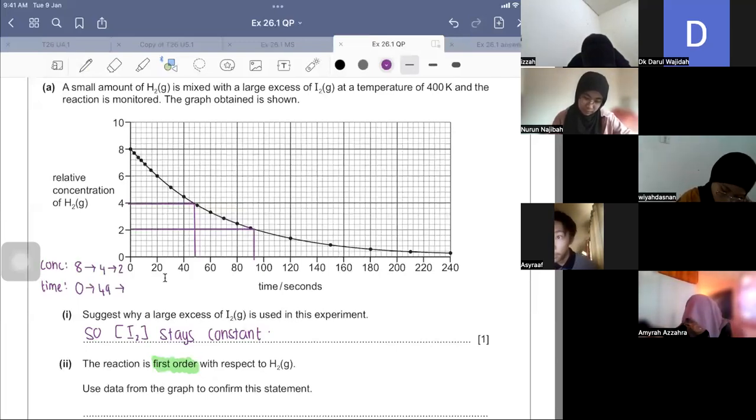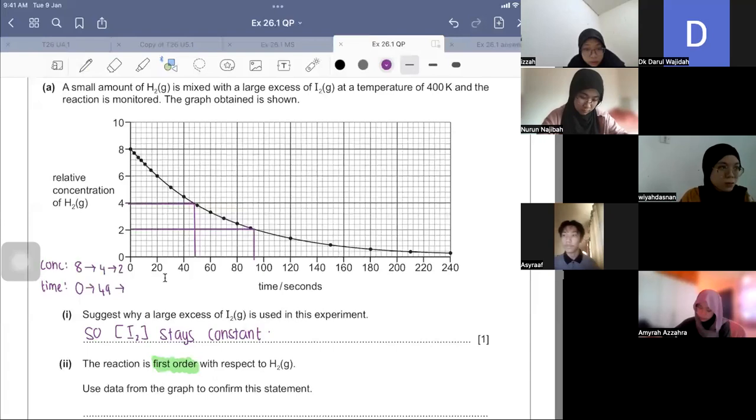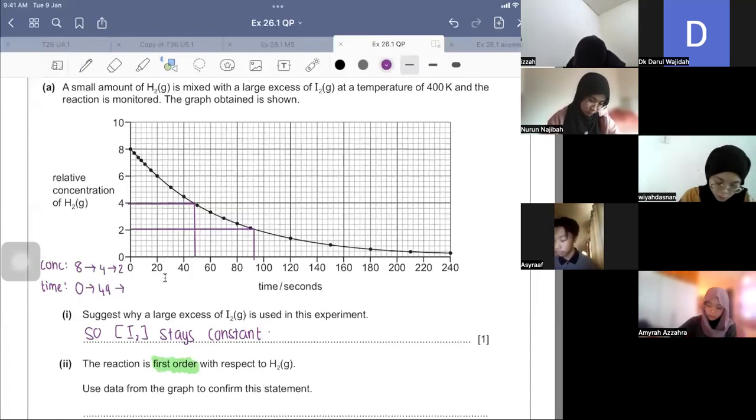That looks like, I don't know, 95. You can do another one if you're not convinced, at concentration 1. I feel like the graph is not great.